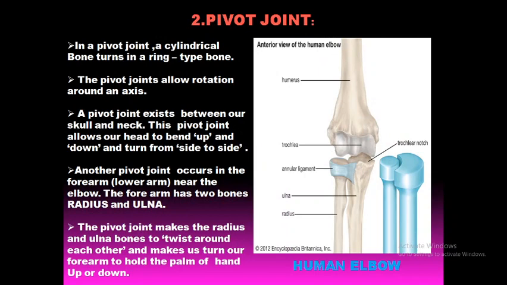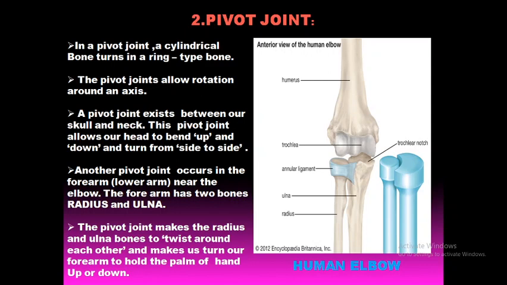Next, we are going into the pivot joint. In a pivot joint, a cylindrical bone turns in a ring. The pivot joint allows rotation around an axis and exists between the skull and neck.